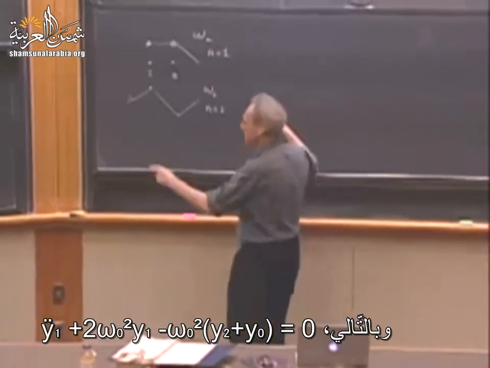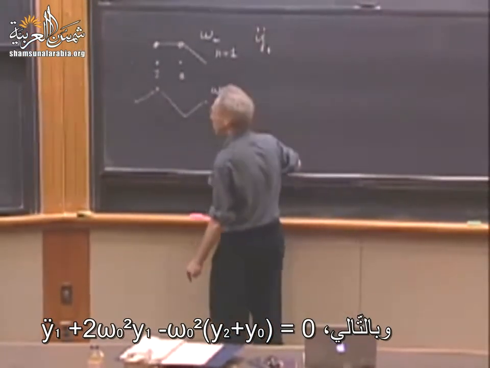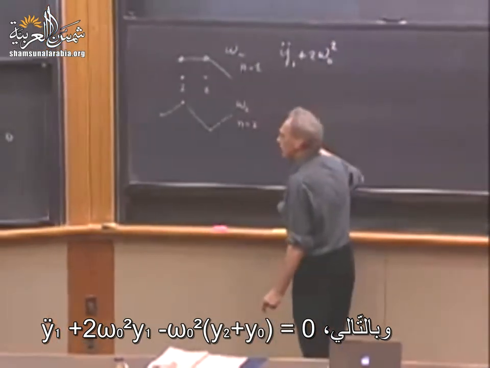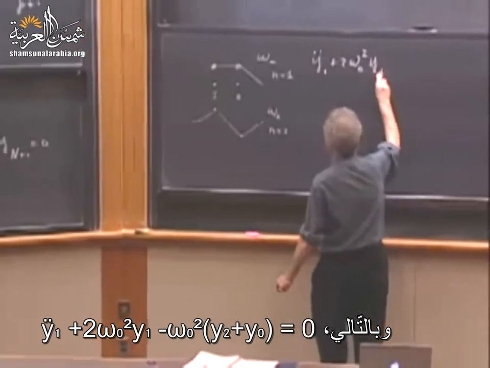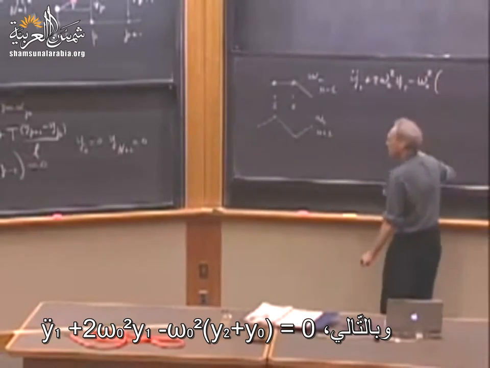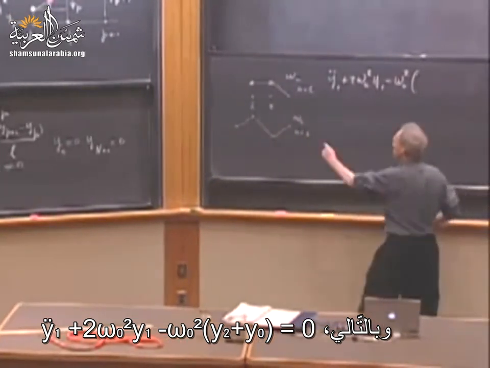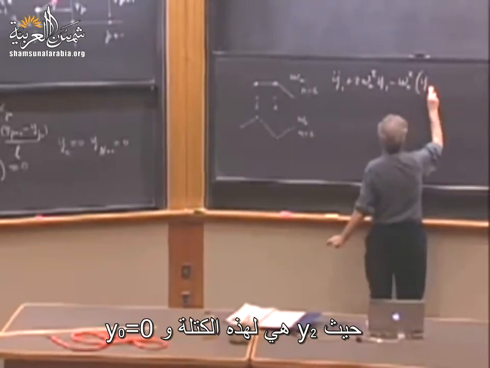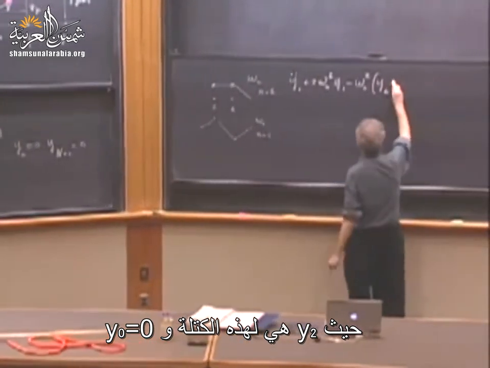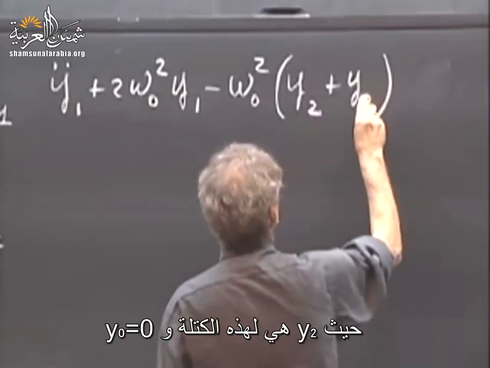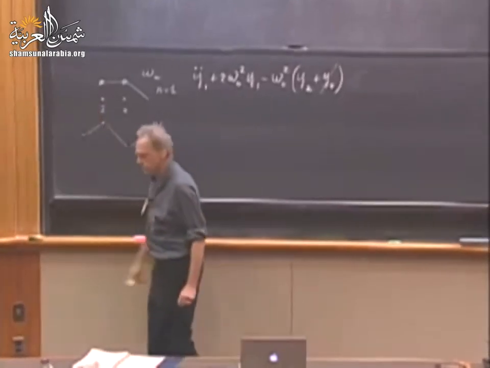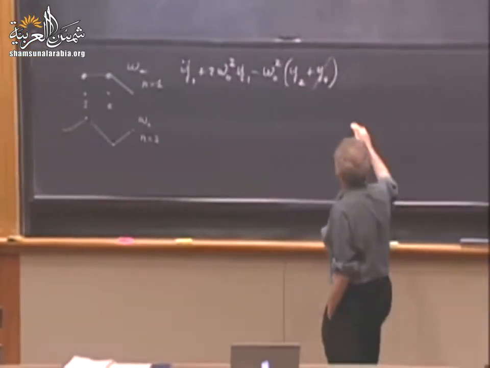So we get y1 double dot plus 2 omega 0 squared times y1 minus omega 0 squared times y2, that's this particle, and then plus y P minus 1, which is y0, which happens to be 0, by the way, because y0 here is 0.